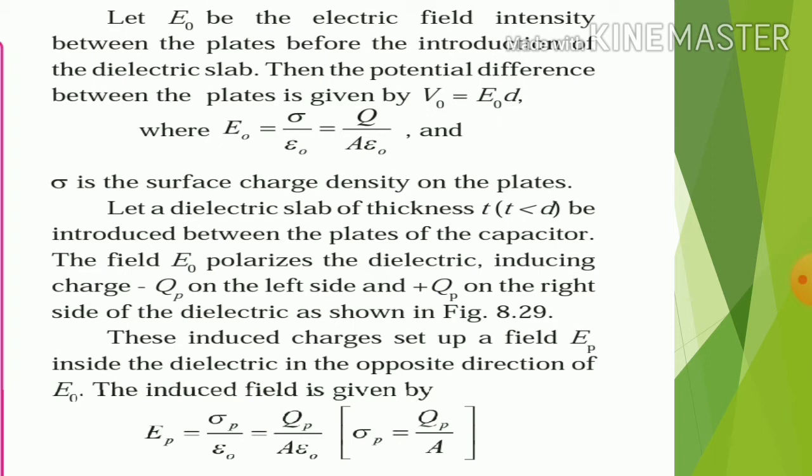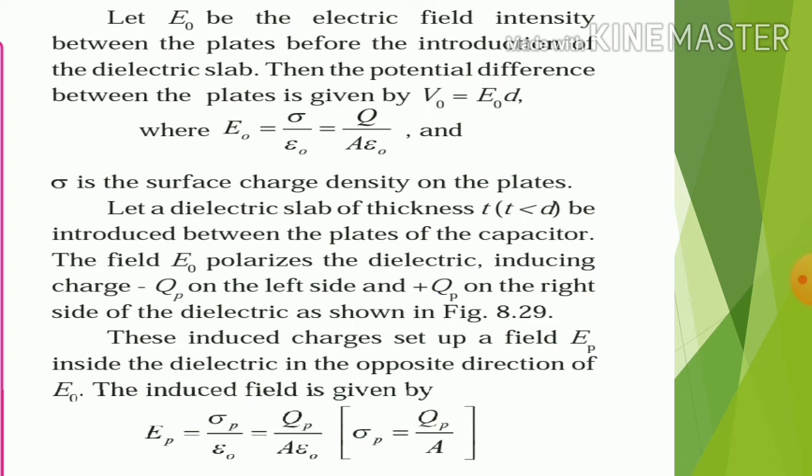Whenever a dielectric slab is placed between two parallel plates of the condenser, an internal electric field EP is set up inside the dielectric slab, in the direction opposite to E0, the electric field intensity before substituting the dielectric slab between the two plates.